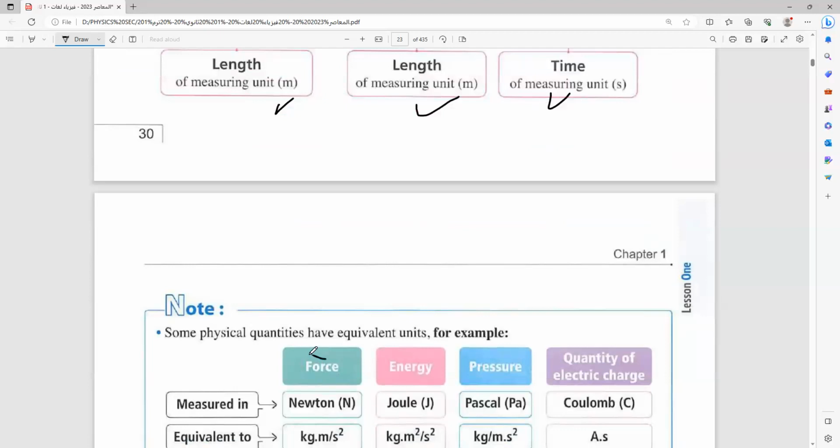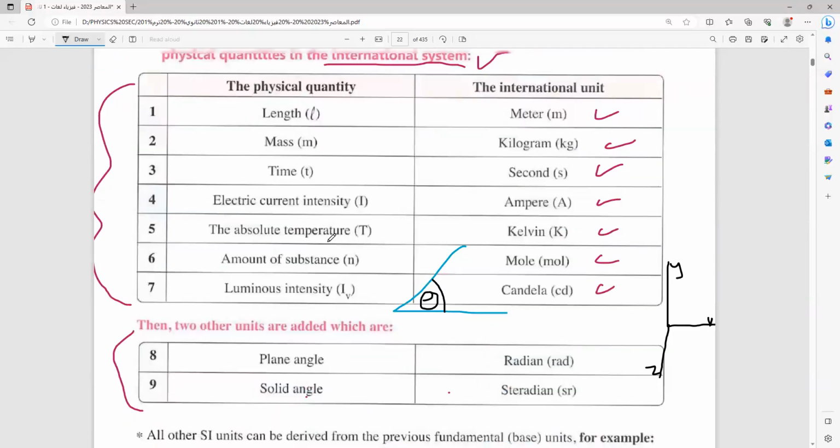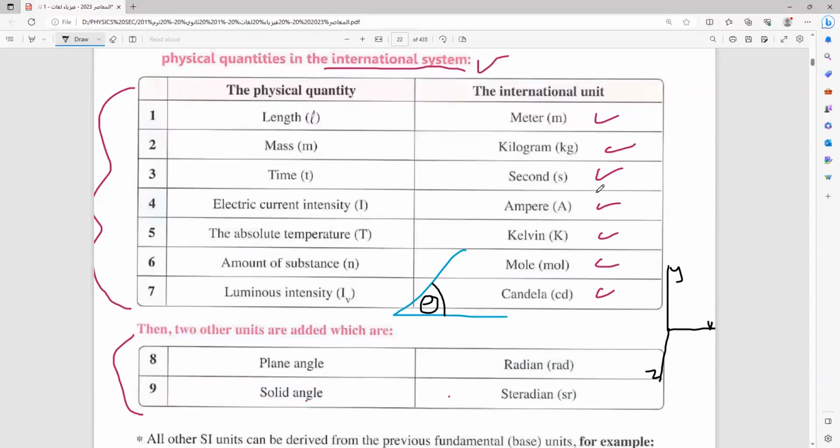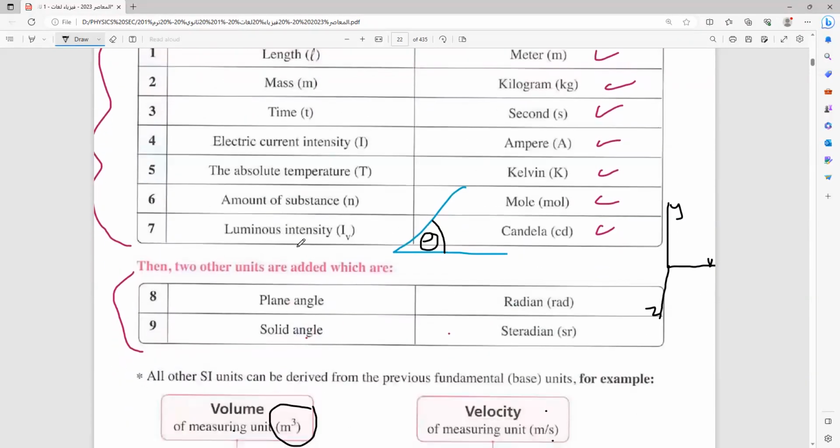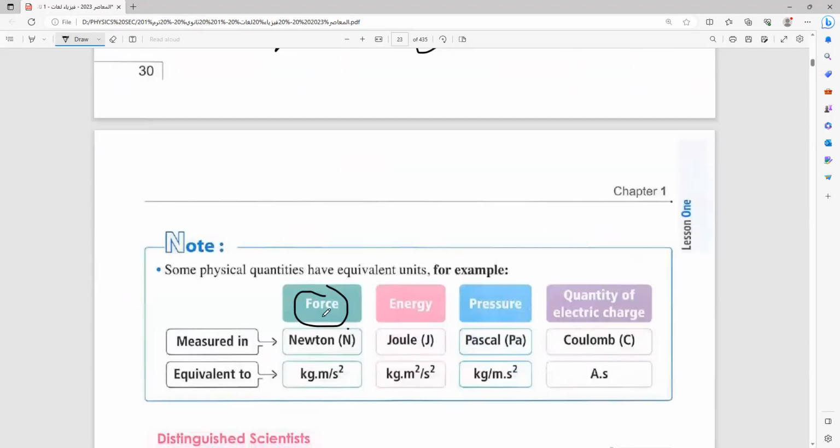Also, the weight of an object, or the force, is measured by Newton. Mr. Newton is not found in this table. Force means weight, measured by Newton. Weight equals mass times gravity.